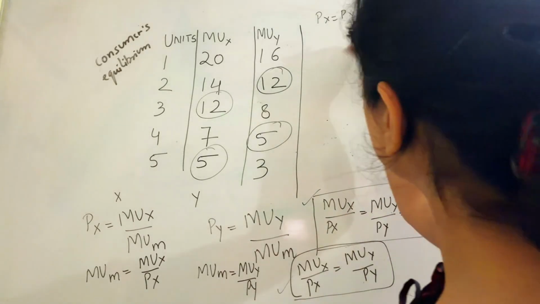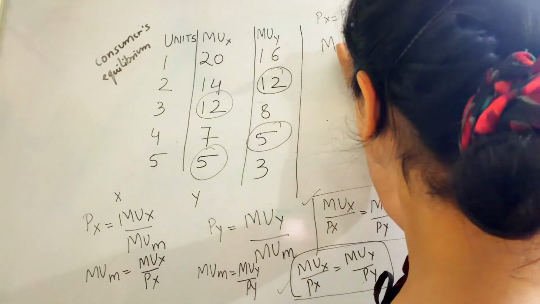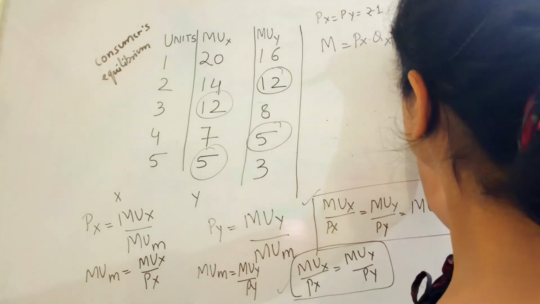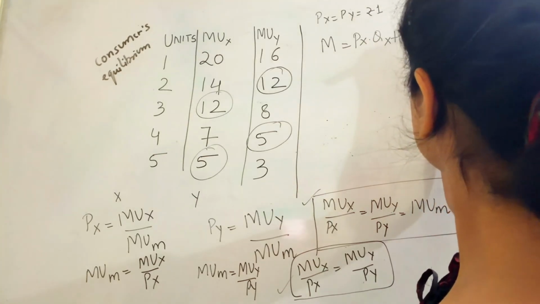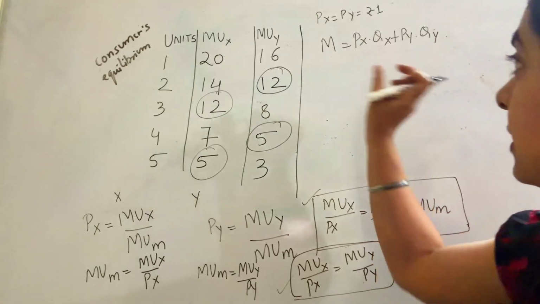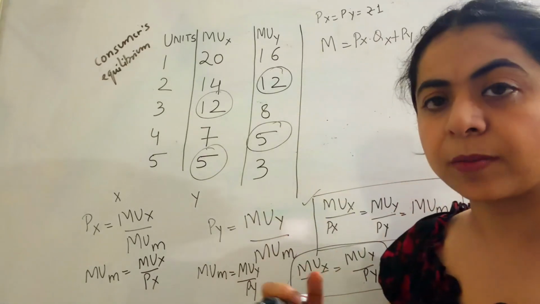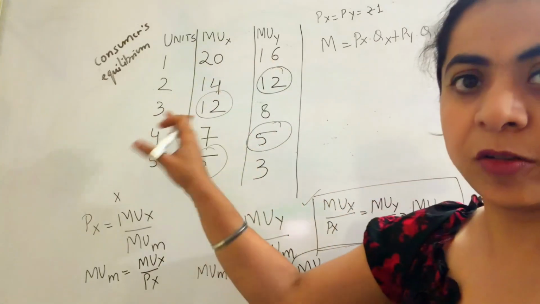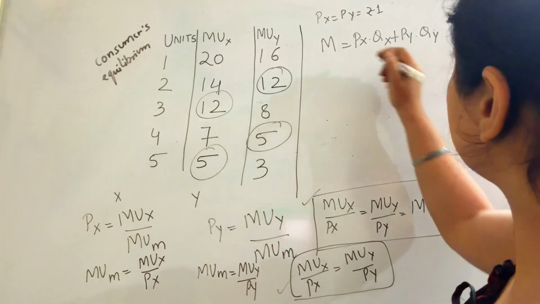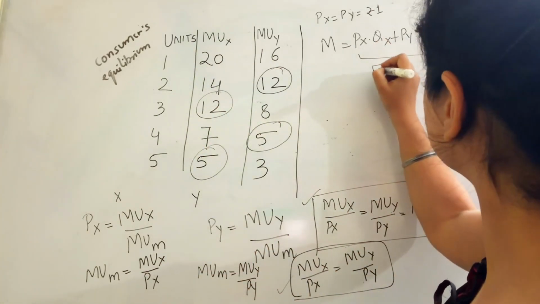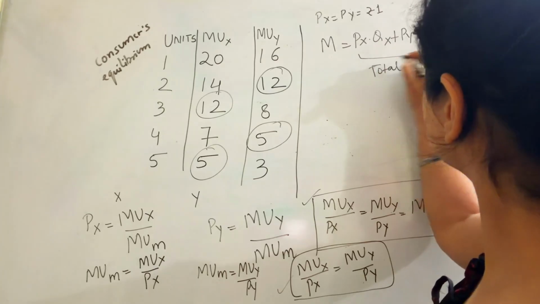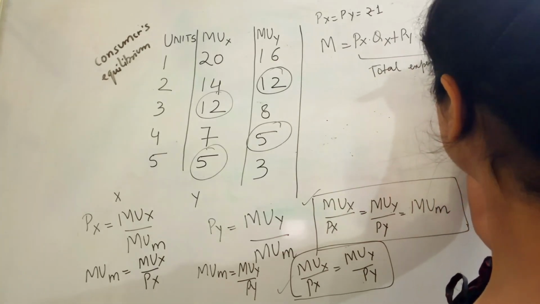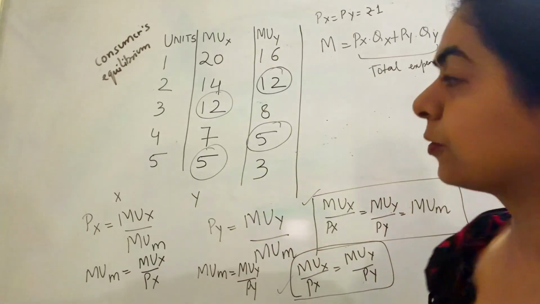And there is one more condition. We can represent it in this form. This means that the money income of the consumer, which he is going to spend on these two goods, should be equal to the total expenditure on both the goods.